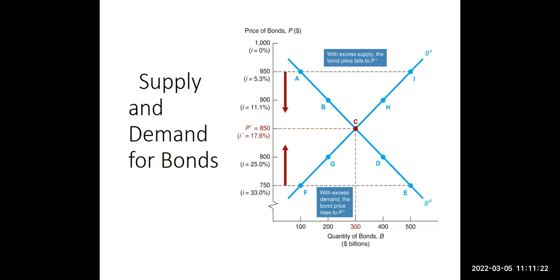Similarly, the bond supply is positively related to the price of the bond, but if you draw this curve against the interest rates, it has a negative relationship. Okay, any questions?